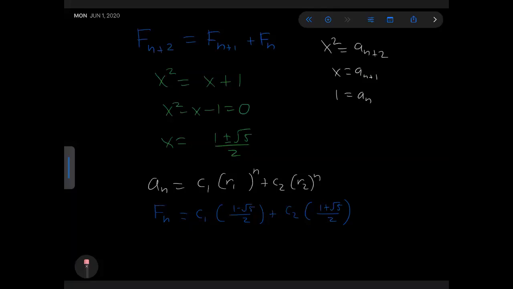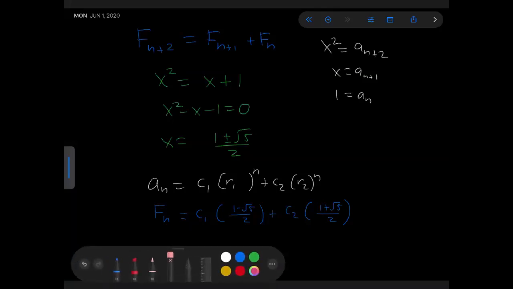So those are our roots, those are our constants. Now defining the constants requires quite a bit of work, so we're not going to do that today. I'm just going to tell you what the closed form is. So when you solve for the closed form, we get that C1, give me a second, I need to make sure I actually wrote this down right.